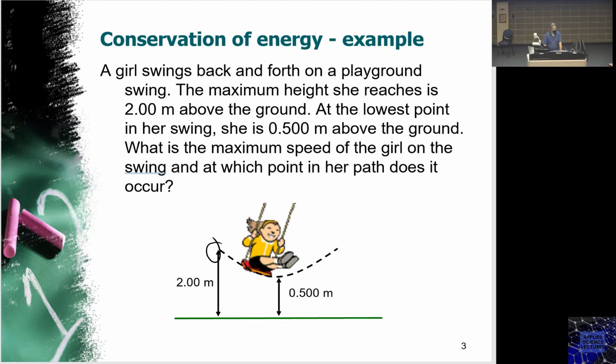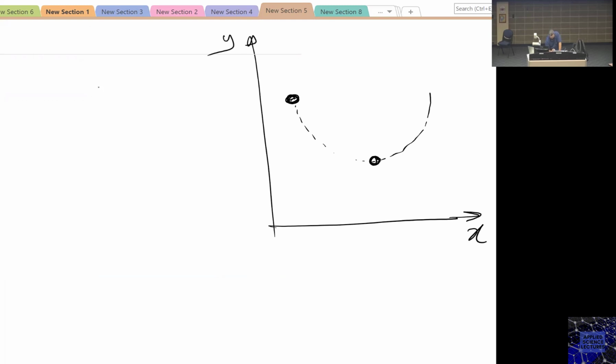Now, when it comes to calculating this speed, we will do it this way. If I draw the girl right there at the highest point and at the lowest point, and I put my coordinates x and y this way, such that this is 0.5 meter and this one is 2 meter.